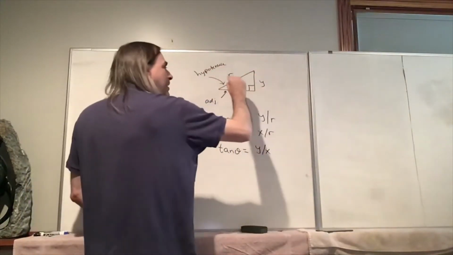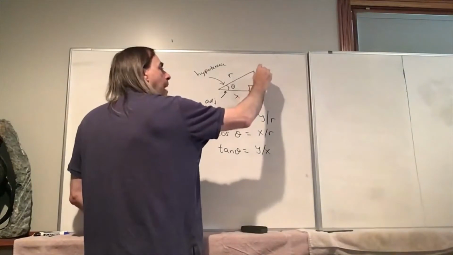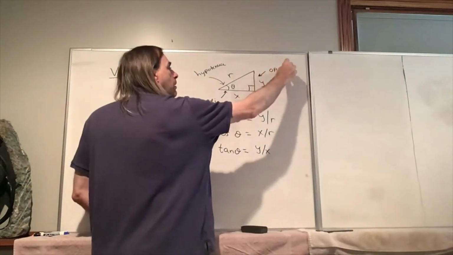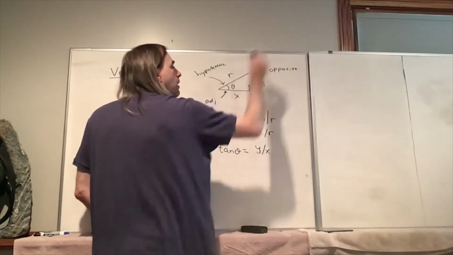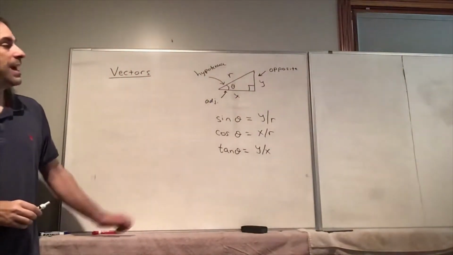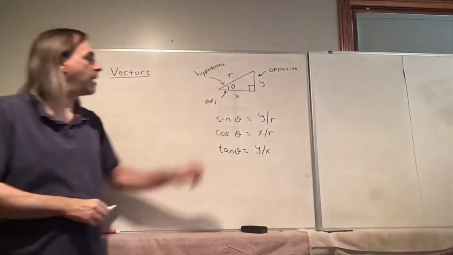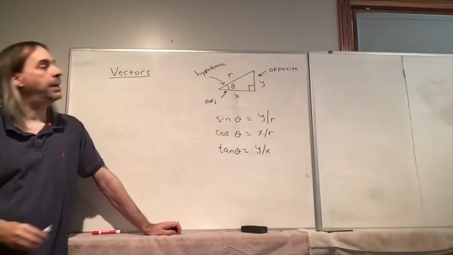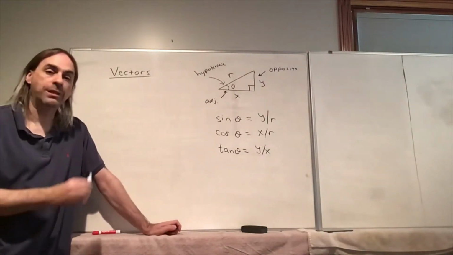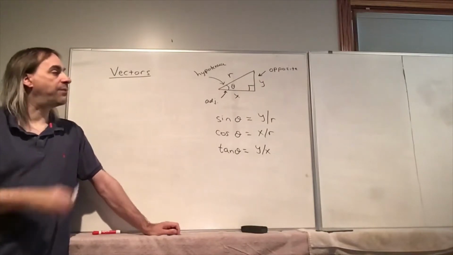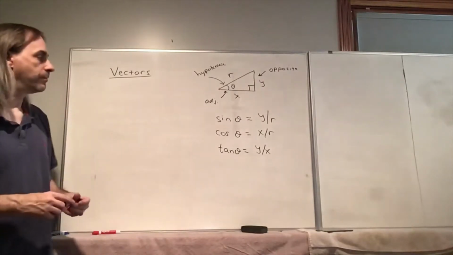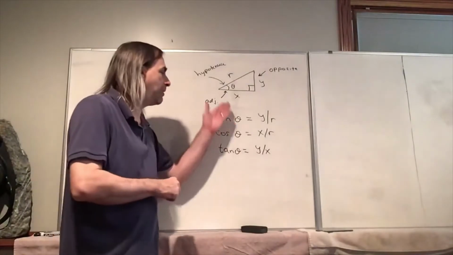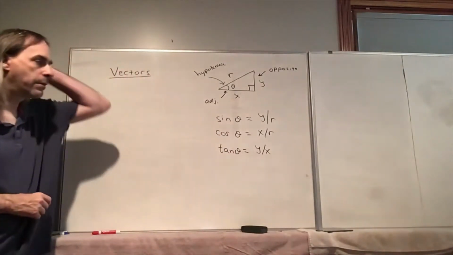And the one opposite the angle is called opposite. So, sine of theta is opposite over hypotenuse, or y over r. Cosine of theta is adjacent over hypotenuse. That's x over r. And tangent of theta is y over x. And so this is probably how you learned about these functions.